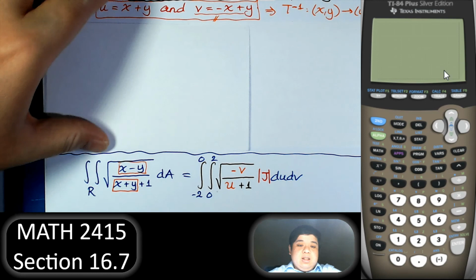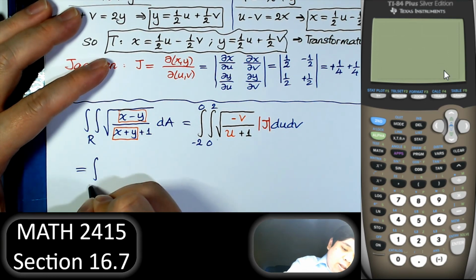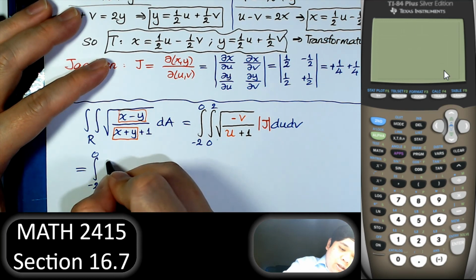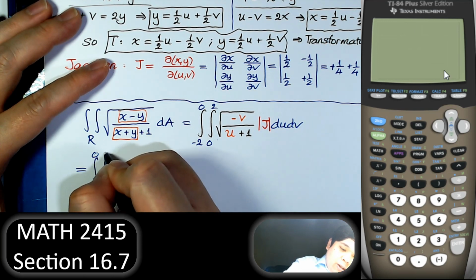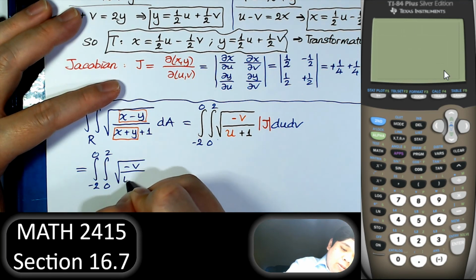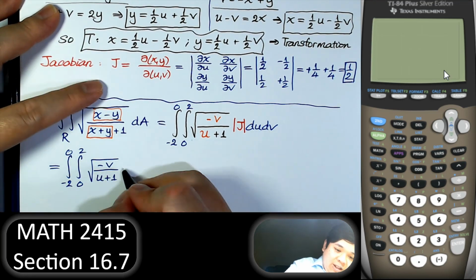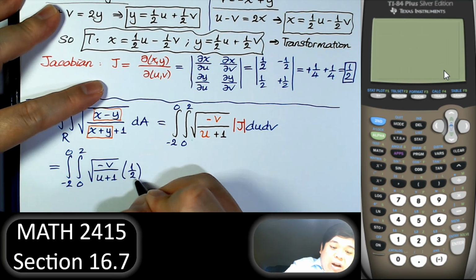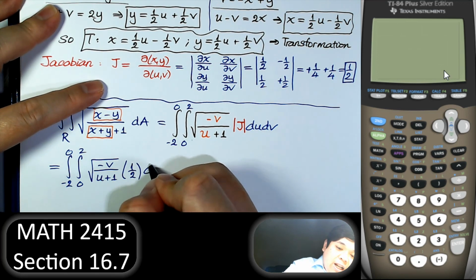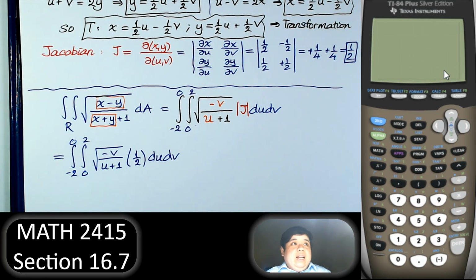Now just evaluate that. The Jacobian is 1/2, the absolute value of 1/2, which is 1/2, and then the limits for du and dv. Now I'll ask you, we have the constant limits. Is the function separable?